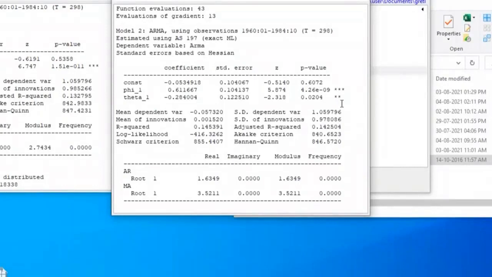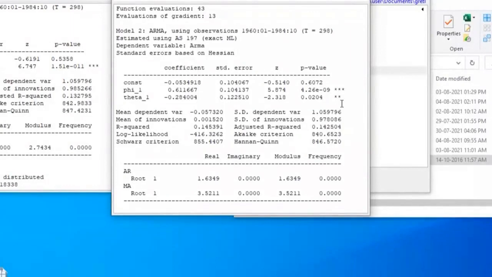If it is not adequate, we discard it. Then do it in another way. So this will go on. And then finally, among all the adequate and significant models, we select the model that has the minimum information criteria. So that is why it is called a trial and error method.